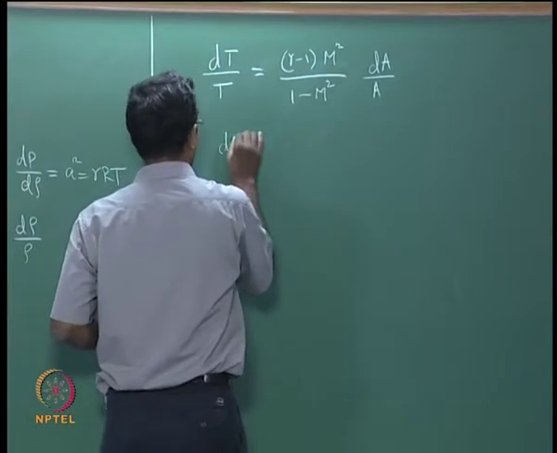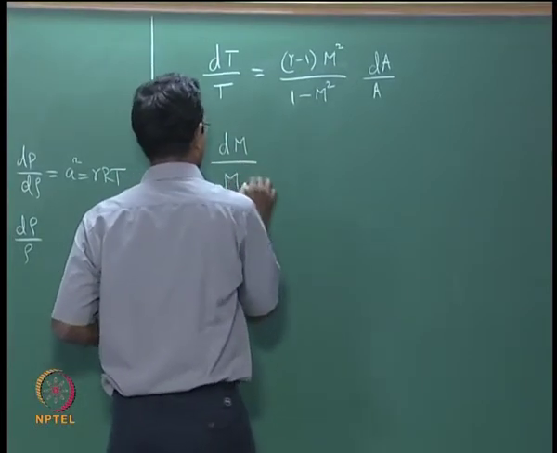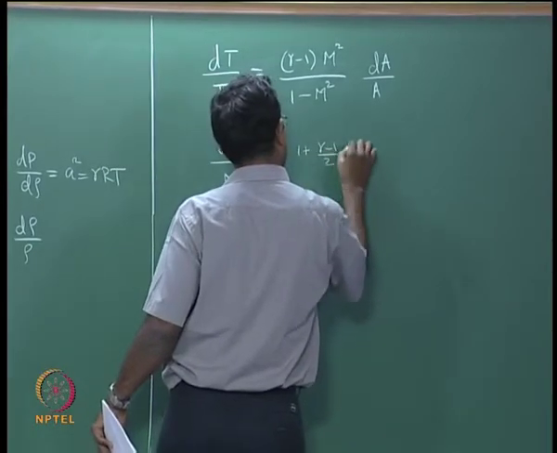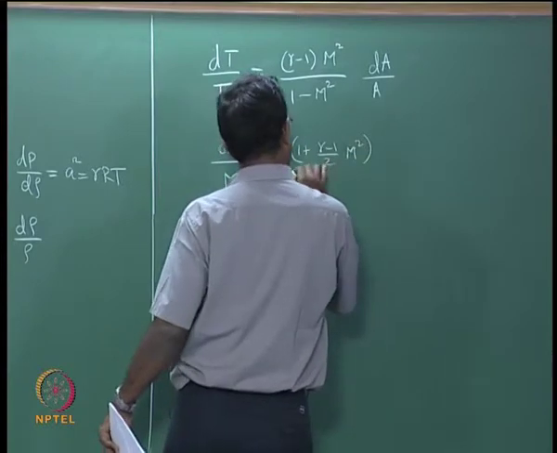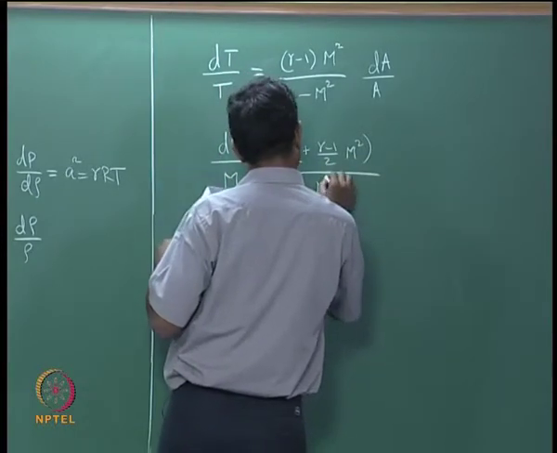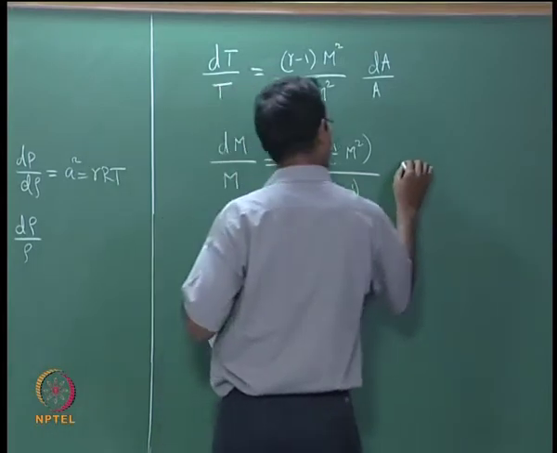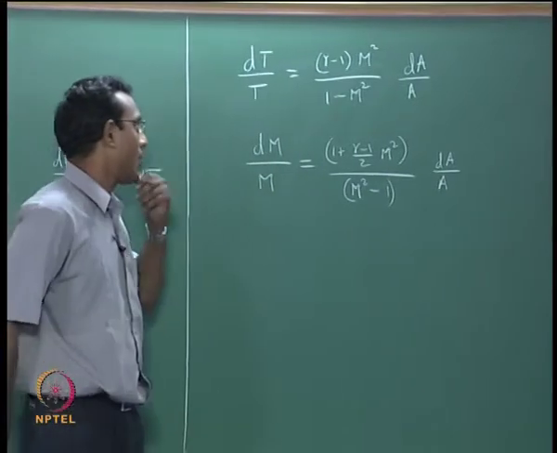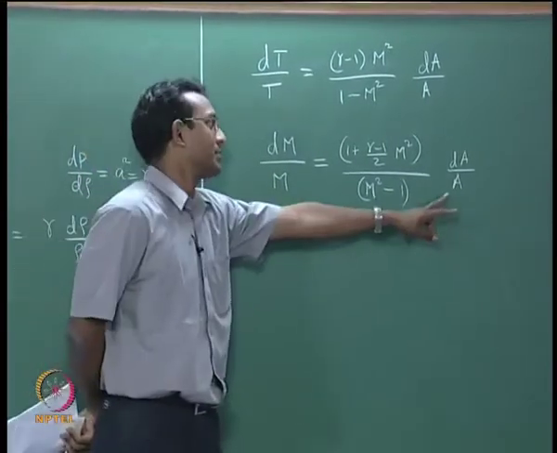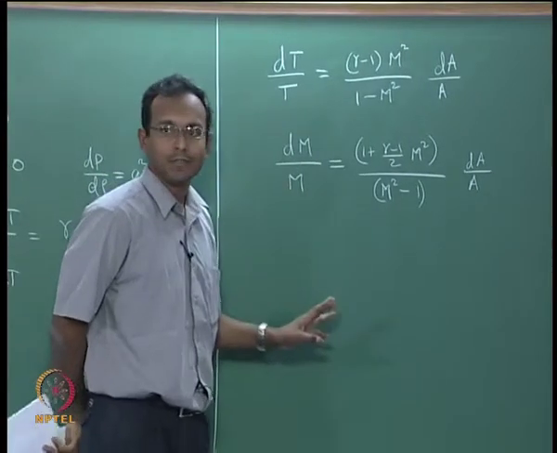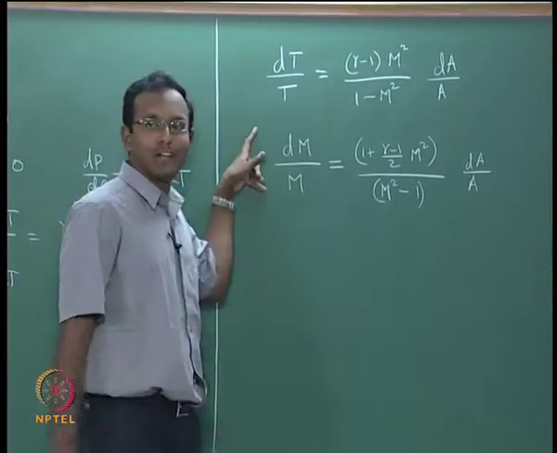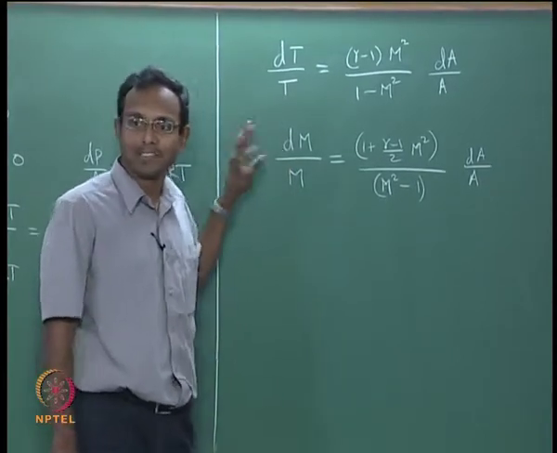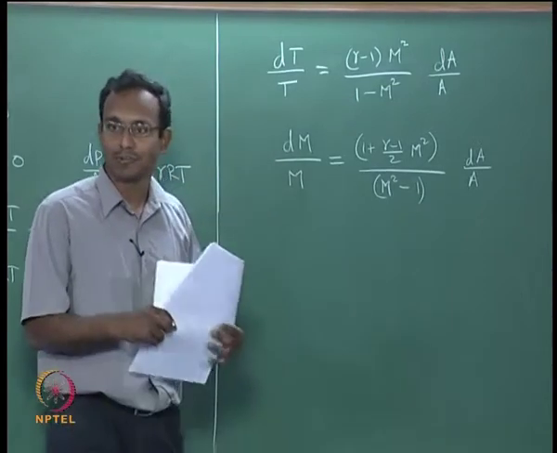And there is only one more left, which is probably the most used for analysis. How does Mach number vary when I change area? That is what this gives. Okay. And we have already used this in telling what happens if I increase area, what happens if I decrease area, all that expression we have already tried before.